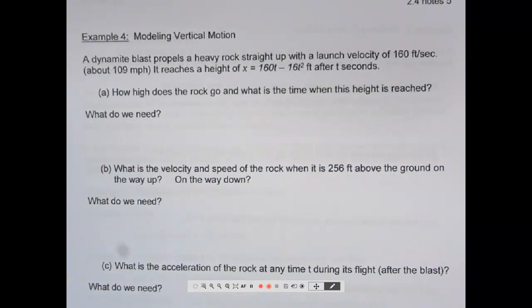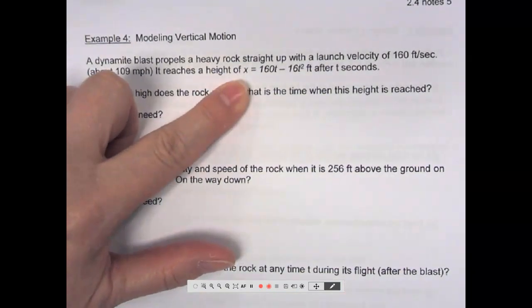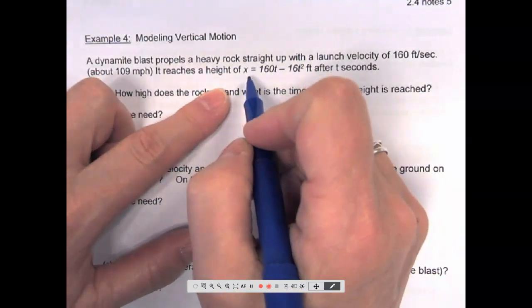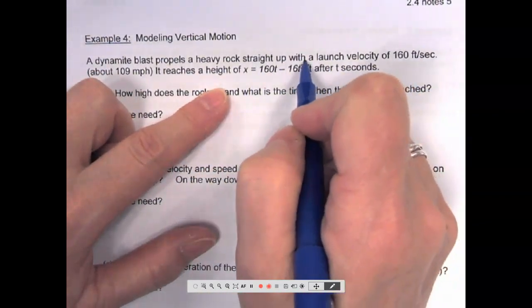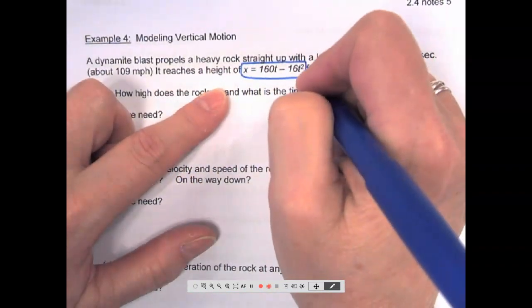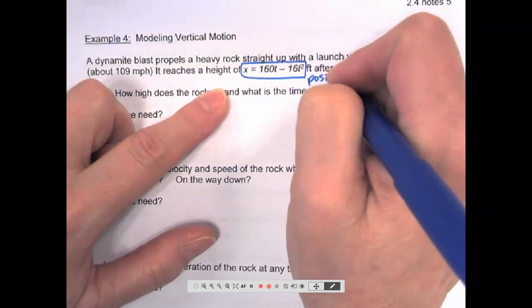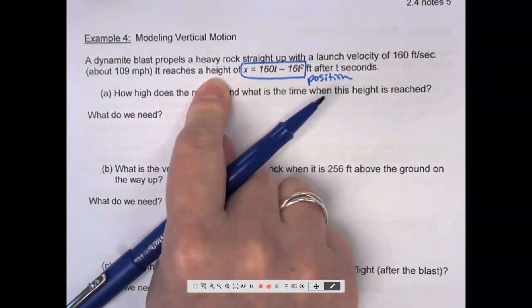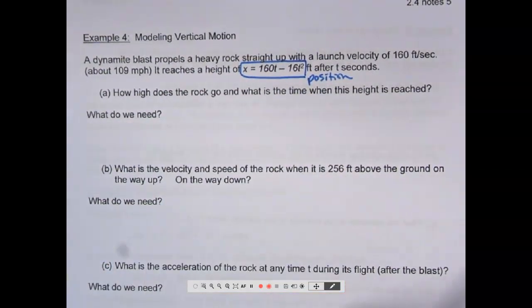It reaches a height of x = 160t - 16t squared after t seconds. Instead of s, we're using x here. So this is our position function, because it's measuring the height, so that's the distance that this rock is reaching.